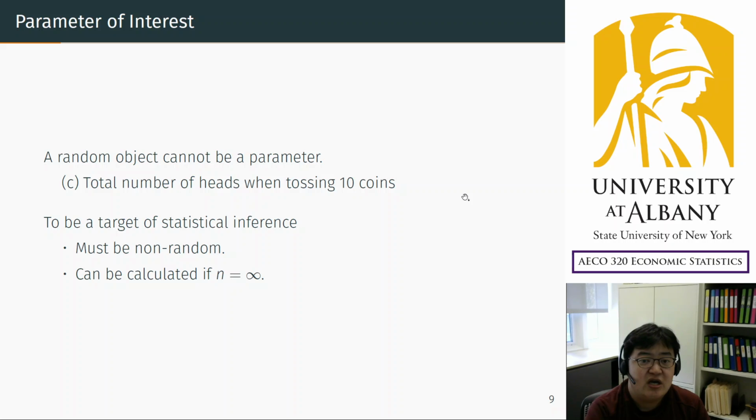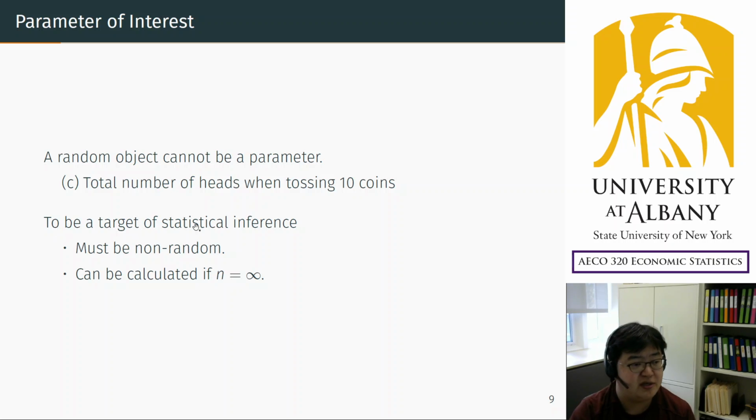And also, it is random. Sometimes you may have one head, or other times you may have all 10 heads. So the target is not fixed, and it is not about the population. Now you see it's more clear.